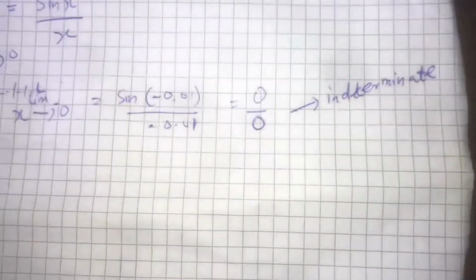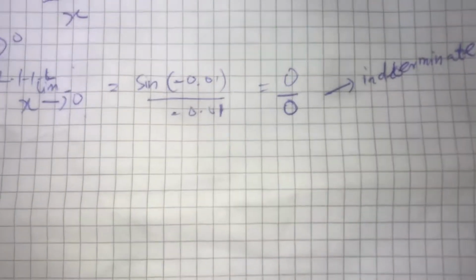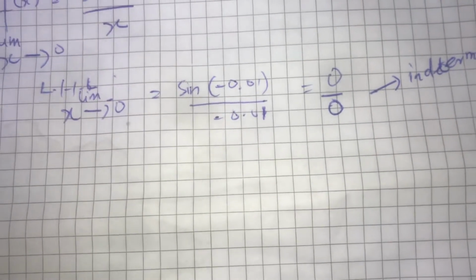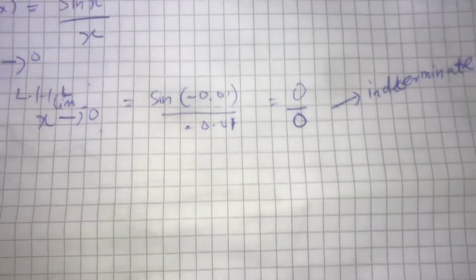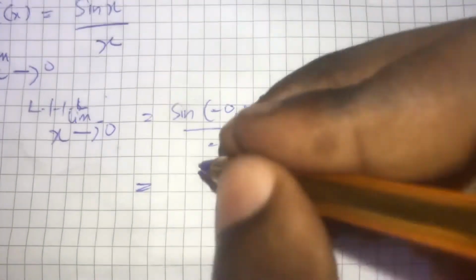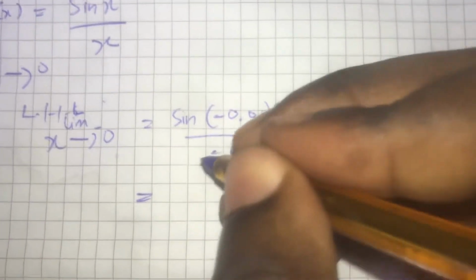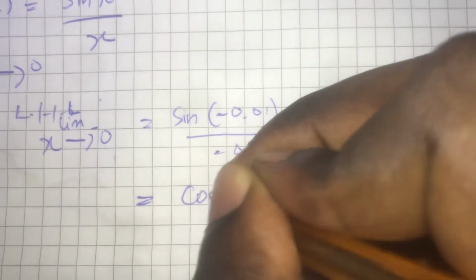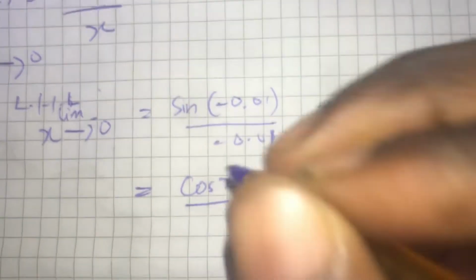So anytime you have an indeterminate, this is what you do. You differentiate the numerator and the denominator. That's the L'Hopital's rule. So now, when we differentiate sine x, from sine to cos, we have cos x.